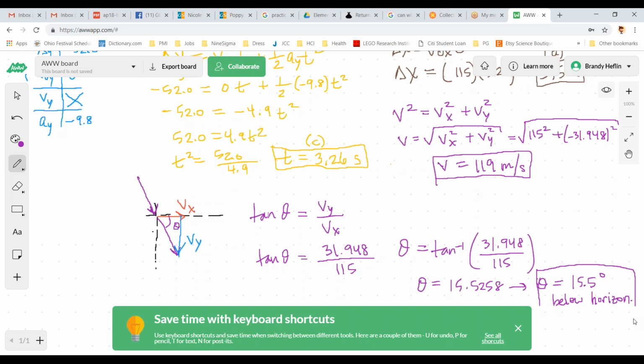Or in problems like this, use the vertical direction to find time and then do something with the time to figure out something for the horizontal direction, like how far did it go or what was its initial velocity. There might be problems where you're given time and you have to first figure out how far the thing was launched from or thrown from, but problems like we just worked tend to be the most popular.